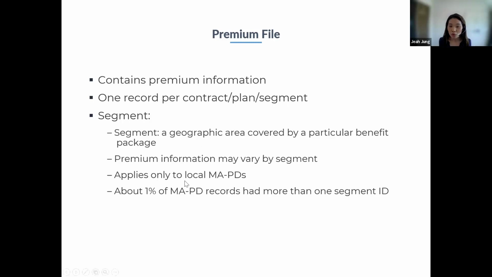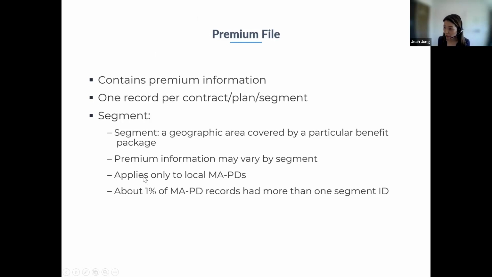This applies only to local MAPDs. For the majority of plans, like 99% of contract and plan IDs, they don't have a segment. But about 1% of MAPD records have more than one segment. So you will see contract ID, plan ID, segment ID 1, 2, or 1, 2, 3. These types of plans account for about 1% of MAPD records.